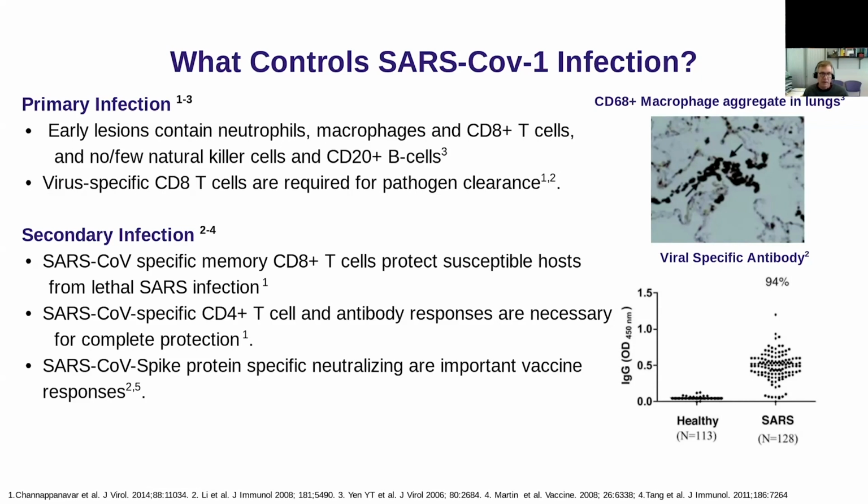So the dogma is probably correct for coronaviruses, that what clears them is cytotoxic CD8 positive T cells with the help of macrophages or monocytes. Obviously, to prevent secondary infection, reinfection, or getting infected with another SARS, again, it'll be memory CD8s, possibly memory CD4s as well, because they need to be present to help antibody production and also neutralizing antibodies to the virus as well.